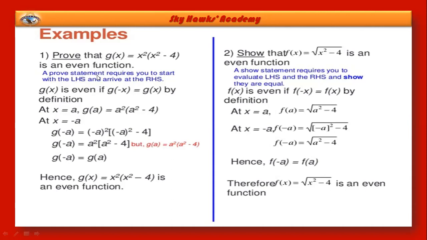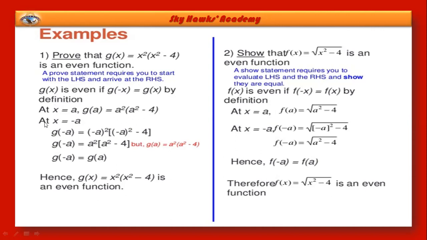A proof statement requires that you start with the LHS and arrive at the RHS. g(x) is even if g(−x) = g(x) by definition. At x = a, g(a) = a²(a² − 4).